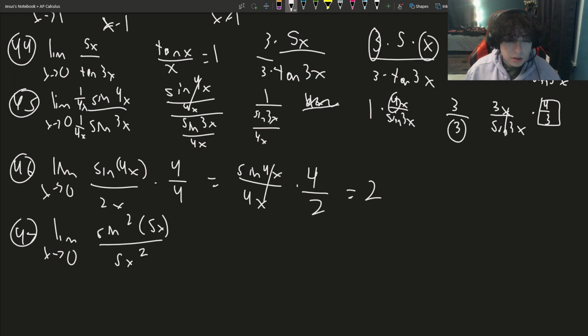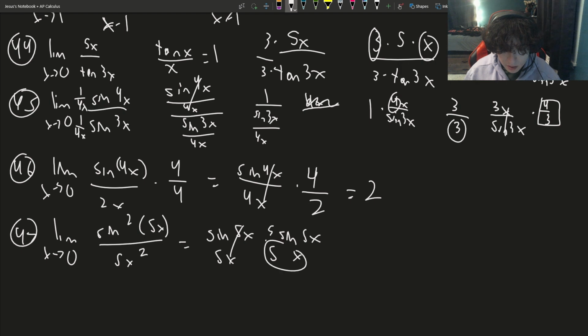So this, you could just do sine of 5x times sine of 5x, and it's the same thing as saying 5x times x. This is just 1, and then this you multiply top and bottom, then this and that cancel out, and you just have 5 on top from here.